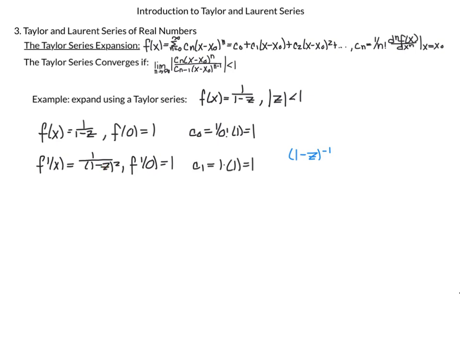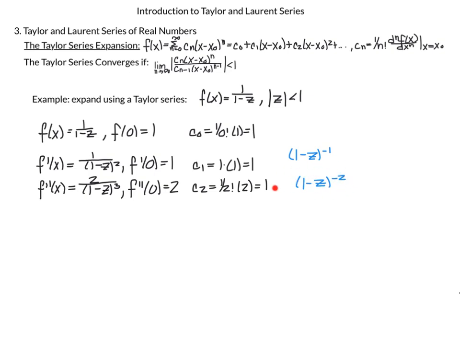So this is my first derivative, evaluated at 0, again plugging in a 0 for z, I get 1. Now c1 is equal to 1 over 1 factorial, which is just 1, times the first derivative with respect to x, evaluated at x naught, evaluated at 0. The first derivative is just equal to 1, so my c1 is equal to 1. Again, I'm going to write my f prime of x, 1 over 1 minus z squared, as 1 minus z to the negative 2, so I can easily take my next derivative.